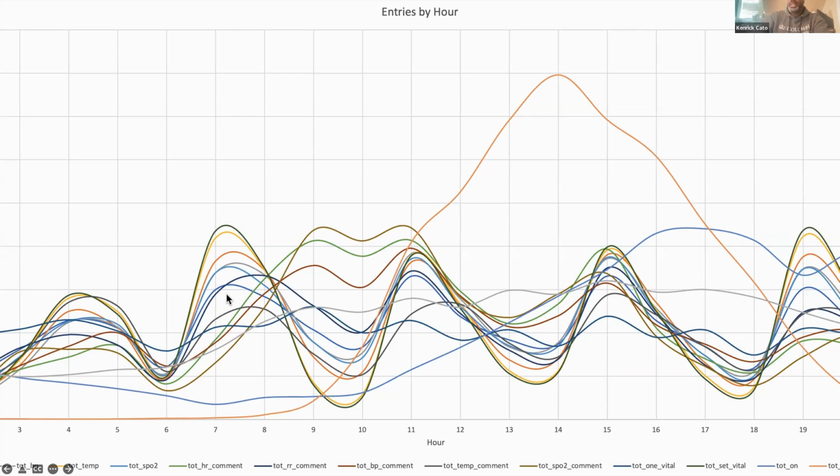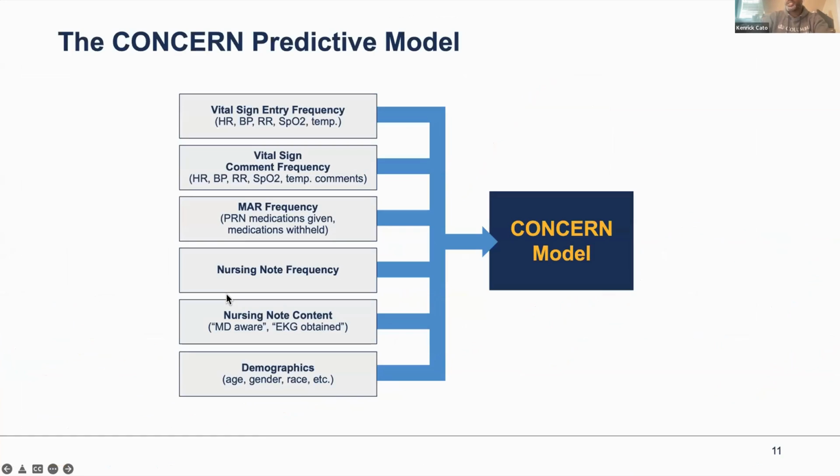That's what all these different colors represent. Because these data are time varying, we took a machine learning approach and decided that we would model every hour of the day. So we created multiple models for every hour of the day for those variables or features.